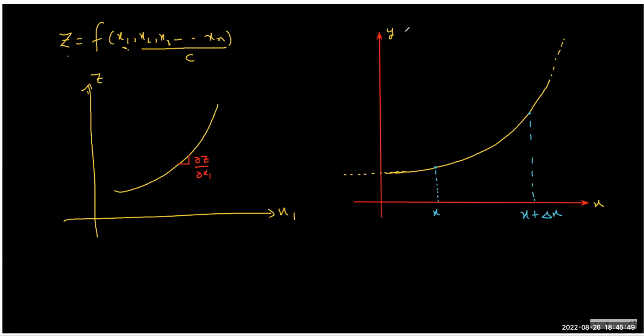And let's say the dependency is given by the symbolic relation y equals f(x), which means I do not know the exact equation of this graph, but I know that y depends on x. So what does f(x) represent? The vertical height, the height parallel to the y-axis.